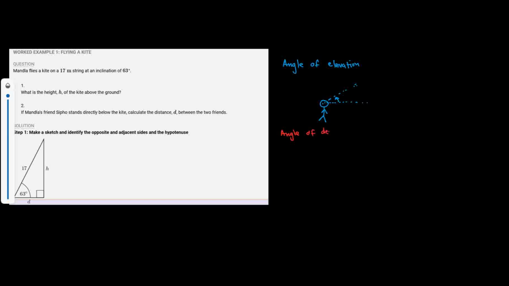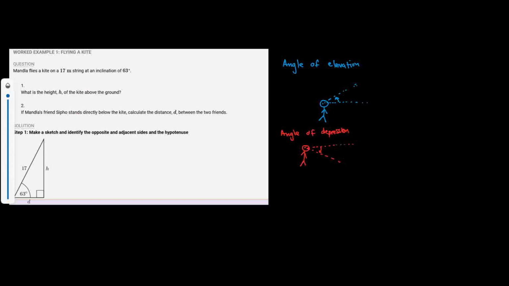Imagine that you are standing on a tall cliff and you're looking down at the sea, or whatever you're looking down at. So this is the horizontal straight line, there are two lines, and the angle that is formed is called the angle of depression. In this case, we are looking at the angle of elevation.